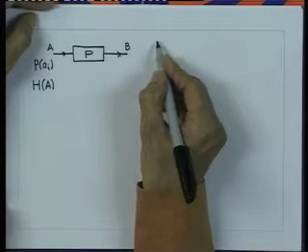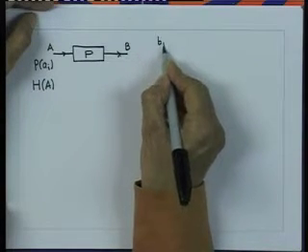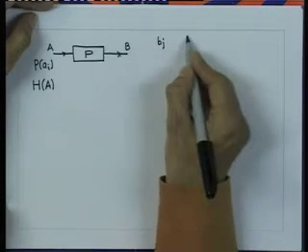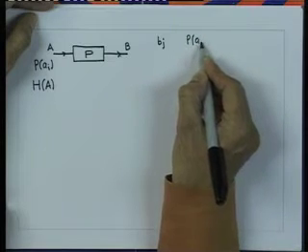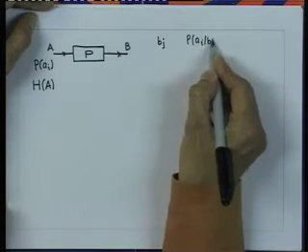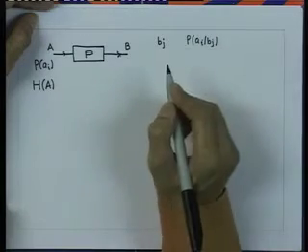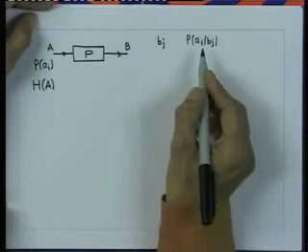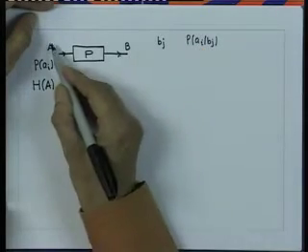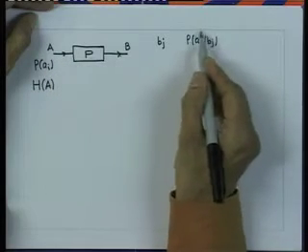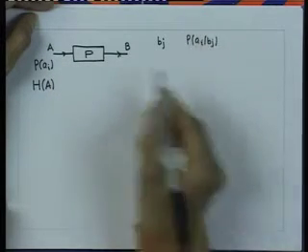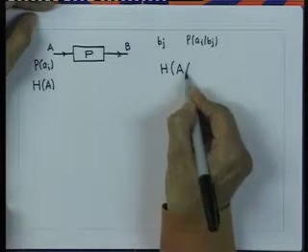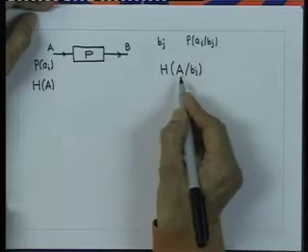Now, if we receive a given symbol, say Bj, we associate the a posteriori probabilities P of Ai given Bj with the input alphabet. The average number of binaries necessary to represent a symbol from the alphabet A with this a posteriori statistics is the entropy of A given Bj.